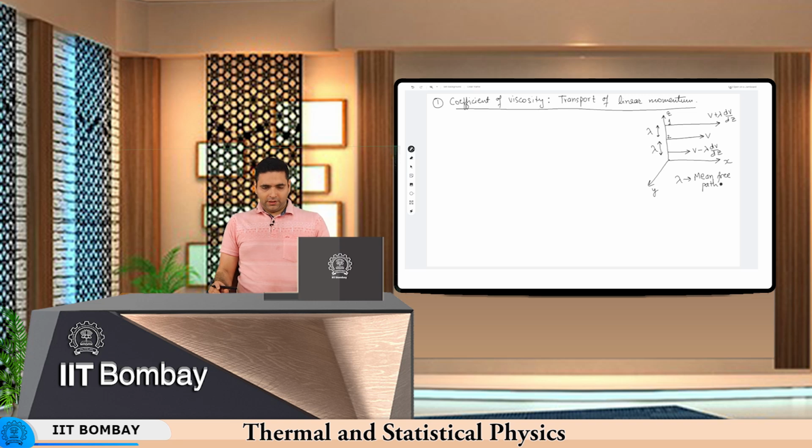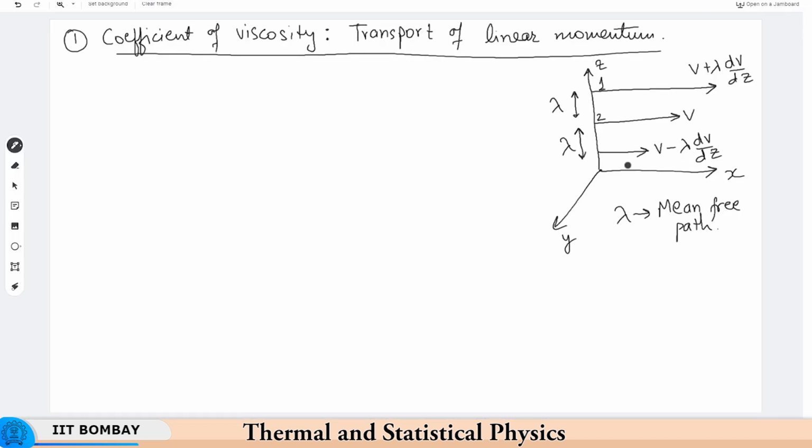Right. So, essentially what we have is a velocity gradient in the system, right. For some reason, say we have driven the top part of the collection of these molecules with a certain speed, and we have introduced a gradient in the speeds, okay. And now you can visualize that these molecules, which are moving much faster than molecules in plane number 2, will collide with these molecules, and they will basically transfer certain momentum from this direction to this direction, right.